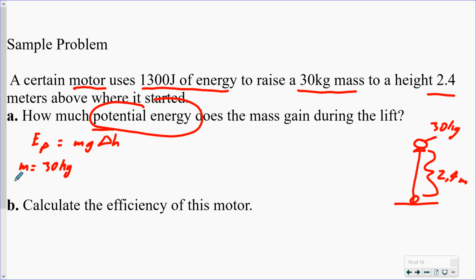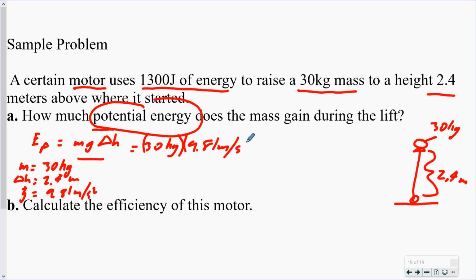We already know that the delta H is equal to 2.4 meters, and once again our acceleration due to gravity is the 9.81 meters per second squared. We have everything we need to use this equation. We don't even need to rearrange it. So we have our 30 kg multiplied by the 9.81 meters per second squared multiplied by the change in height, the 2.4 meters.